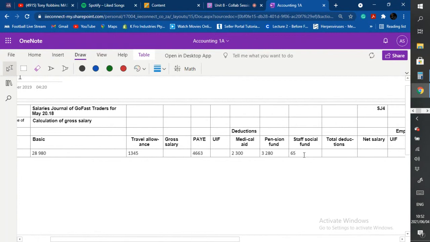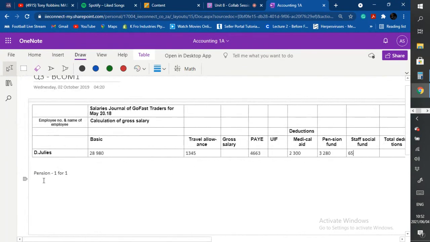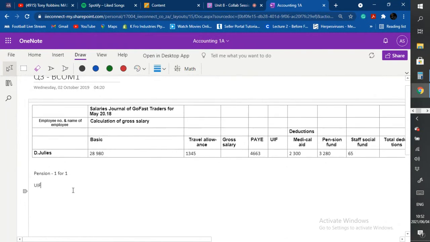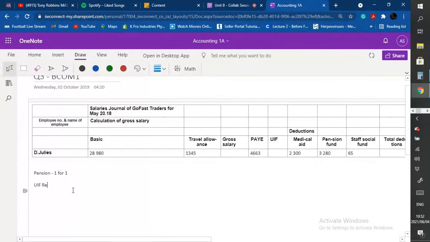Then furthermore, Damien's UIF remuneration is 14,872. They didn't need to tell you this information, but let's write it down somewhere. UIF remuneration is 14,872.